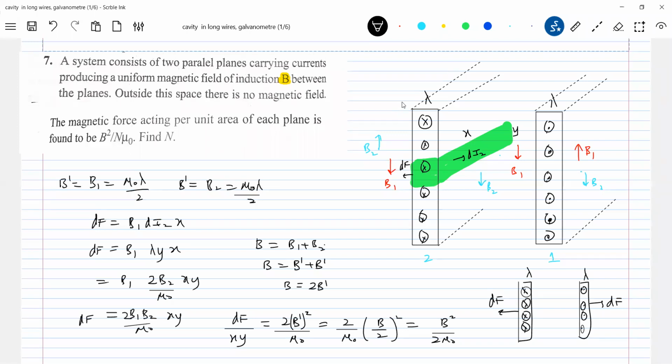What we did for wire, for plates also it can be asked. Okay, so there's a plate 1, there's a plate 2. For application, these are very important. So always try to see that the resultant field is given. So therefore, I have to take this one. So this is very important. Please do notice here.